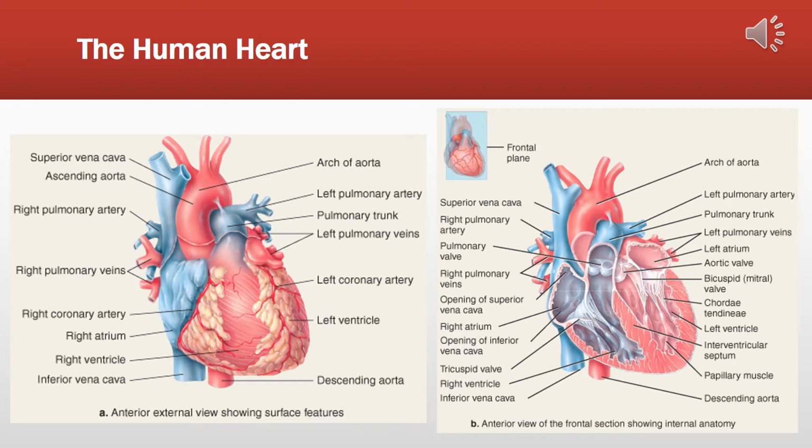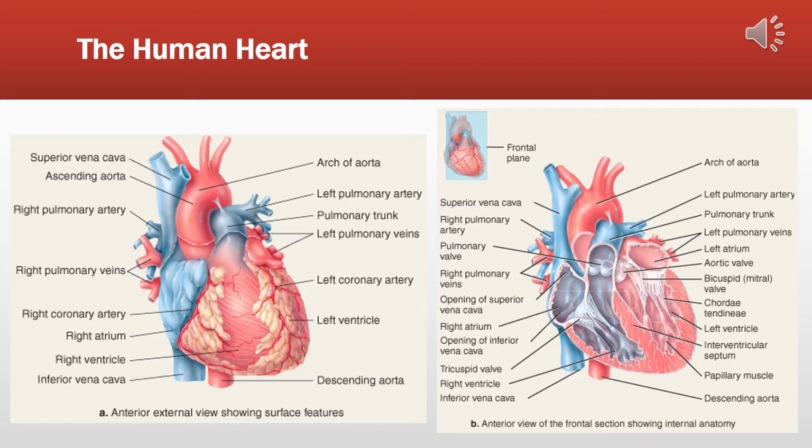Here's a diagram of the structure of the human heart, and I'm just going to point out where the chambers are. So on the upper right portion of the heart, or our upper left, is the right atrium, and then below that is the right ventricle. And then at the upper left of the heart, or our upper right, is the left atrium, and below that is the left ventricle.